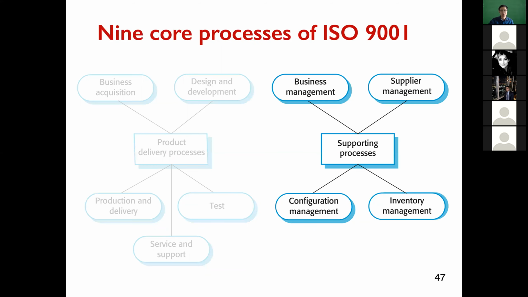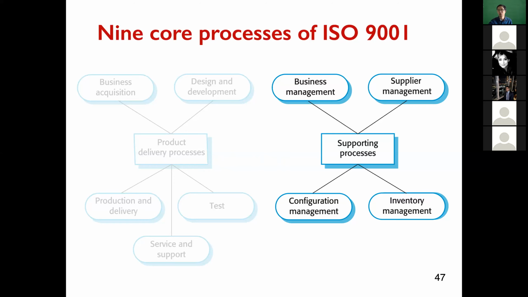The second part is supporting processes, that is, how you should support the product delivery process. So what are supporting processes? For example, your business management, supplier management, configuration management, and inventory management. You need to have these supporting processes to support the delivery of your products.